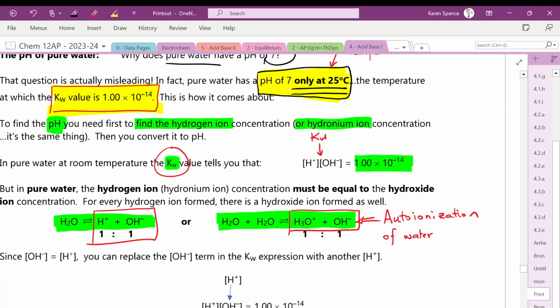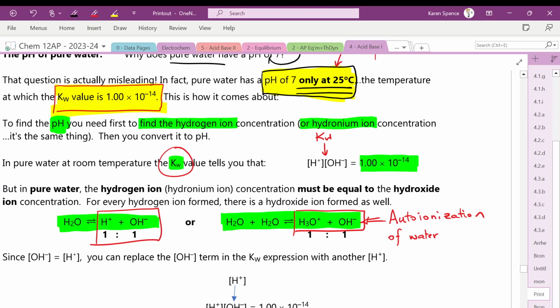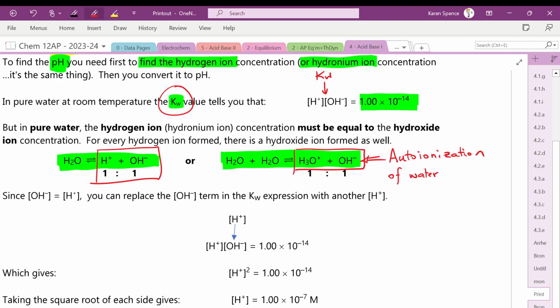Now, in pure water, what do you know about hydrogen and hydroxide? Yeah, in pure water, the concentration of hydroxide is the same as the concentration of hydrogen.